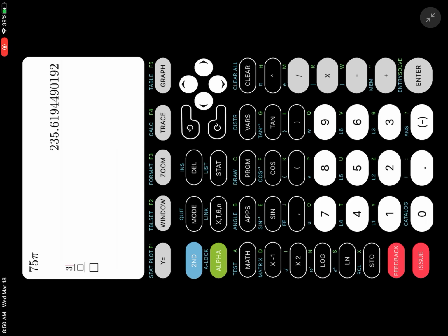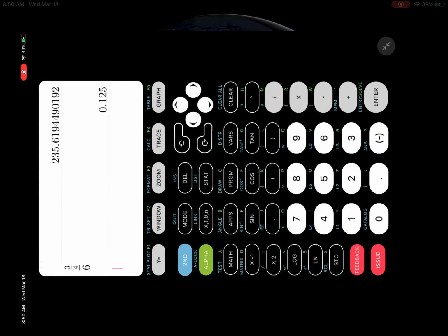So we type 3 over 4, and then 6, to make a fraction over a fraction. You hit alpha y equals, enter, alpha y equals again, enter to get the first fraction. So we put the 3 fourths over 6, which gives us 0.125, which is essentially 1 over 8.